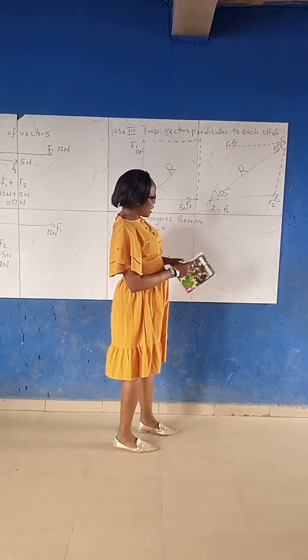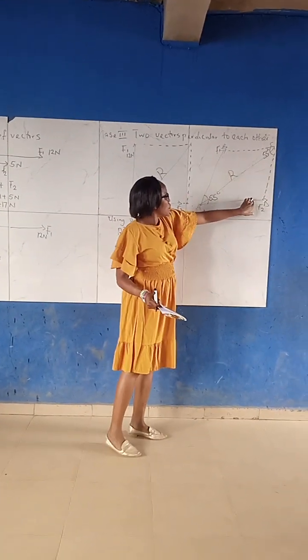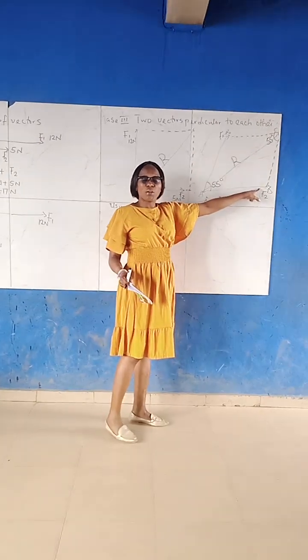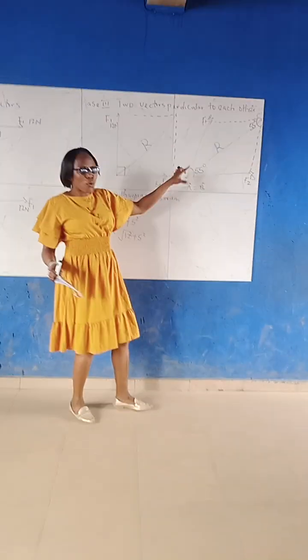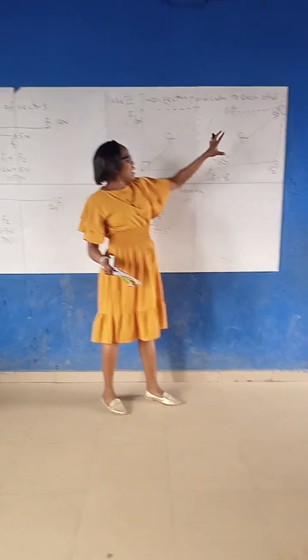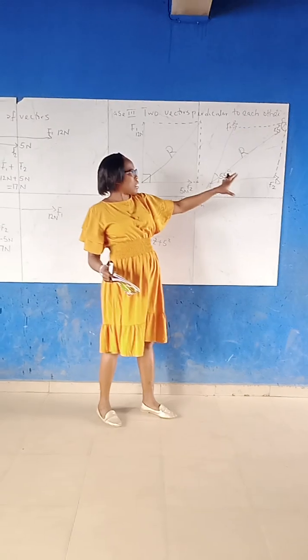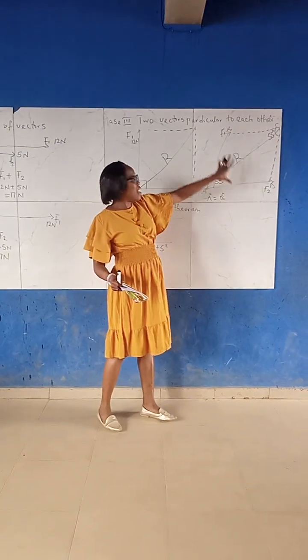So now for me to get the two other angles, because angle B must be equal to angle D, and you all know that the total angle in a parallelogram is 360 degrees.